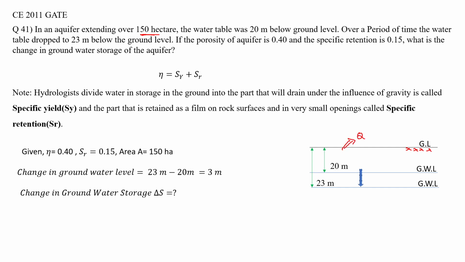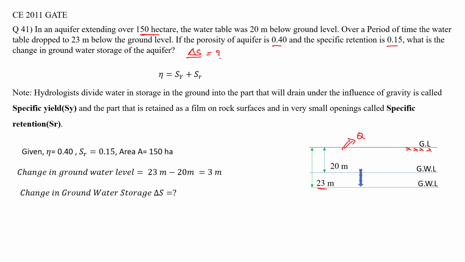Over a period of time, we are taking water from the groundwater, then the water table dropped to 23 meter from the ground level. The porosity of the aquifer is 0.4 and the specific retention of the aquifer is 0.15. Now they ask to calculate delta S, the change in the groundwater storage of the aquifer.